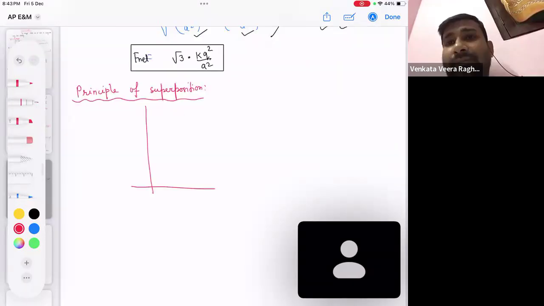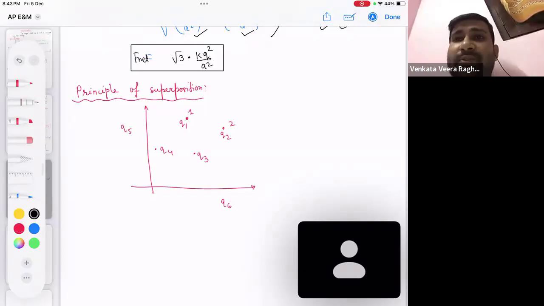if an arrangement is given to us, let's say this is charge particle 1, there is another charge particle 2. Here Q1 is there, here Q2 is there, here Q3 is there. There will be 3 charge particles. Can I say charge particle 1, any charge particle you want, is going to experience force due to all the different charge particles?